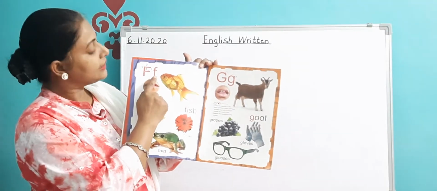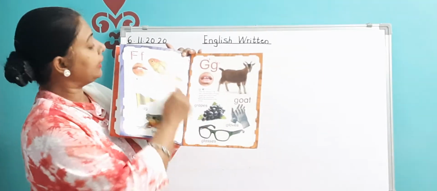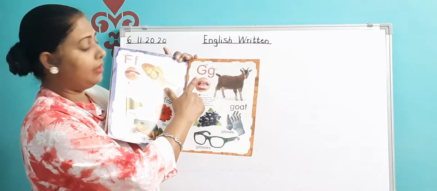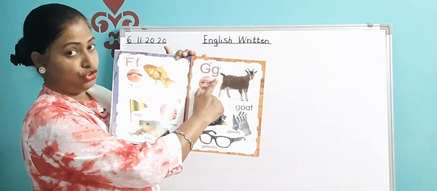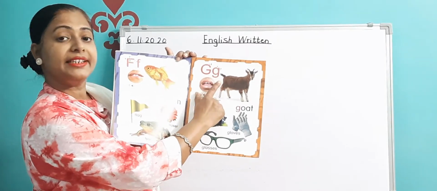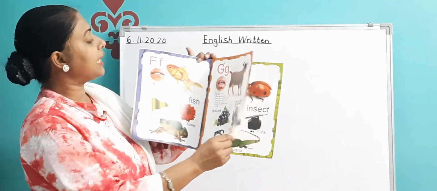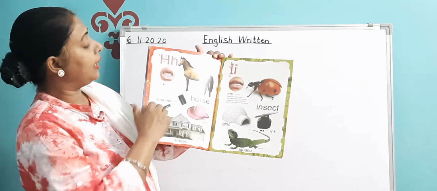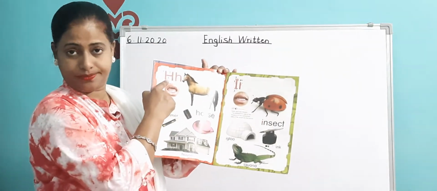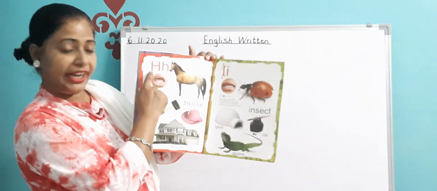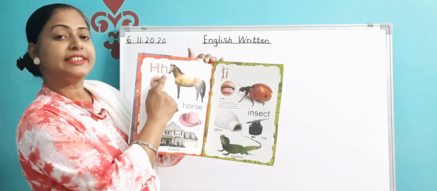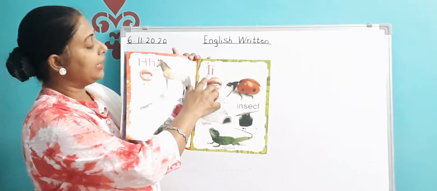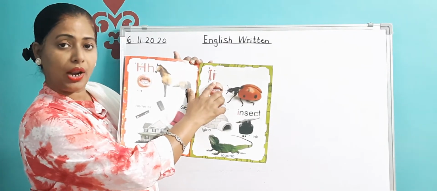Then after F comes G. So this is capital G and this is small g. And after capital G comes H. Capital H, small h. And then capital I, small i.